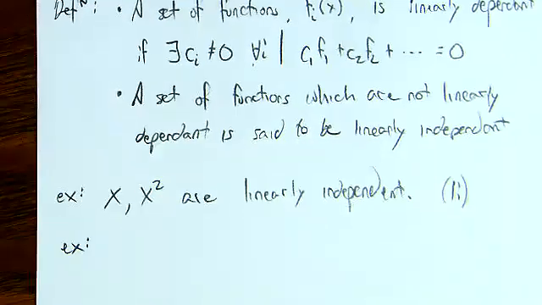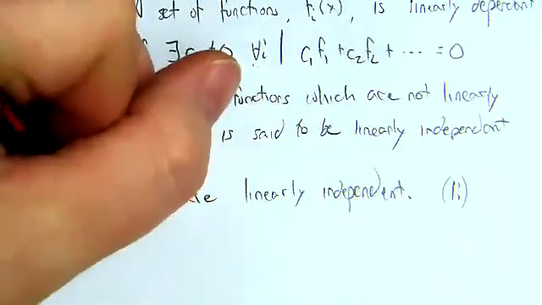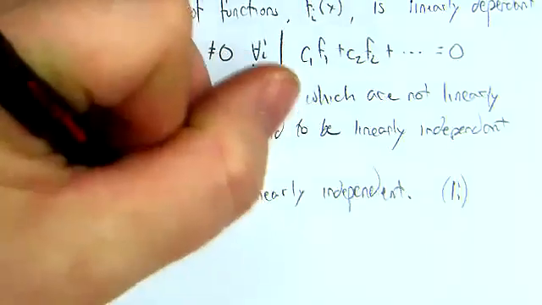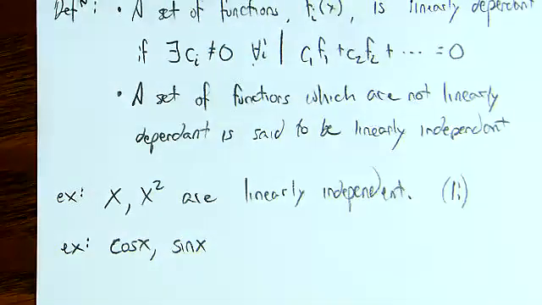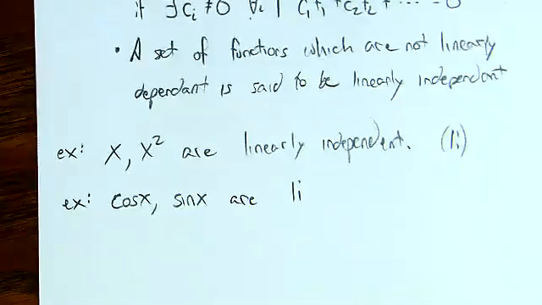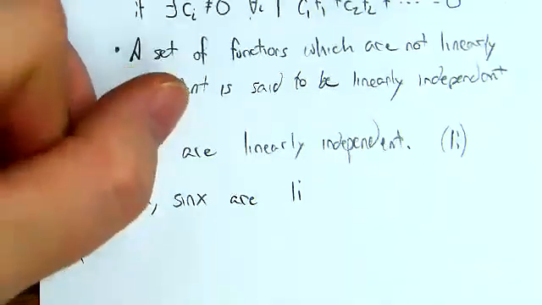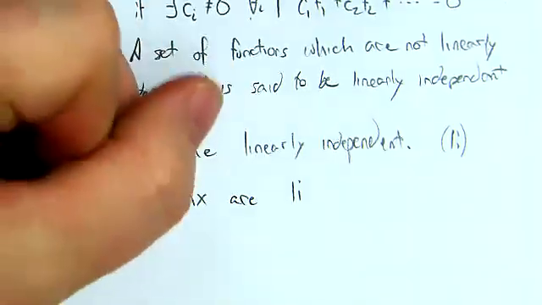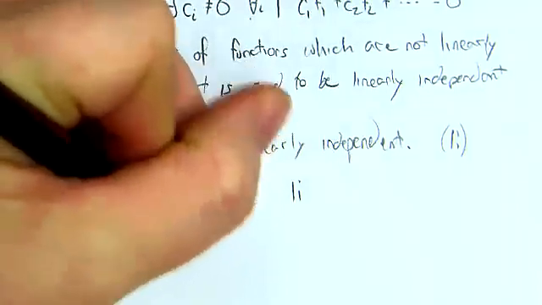Another example of linearly independent functions are cosine x and sine x. There's no number that I can multiply sine x by to get cosine x, and there's no number I can multiply cosine by to get sine. So these are linearly independent. We can contrast this with something like 2x and 3x.